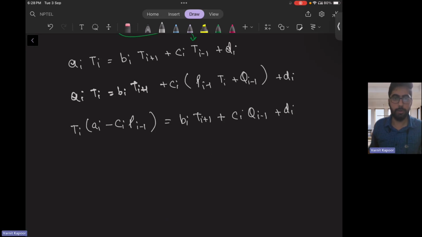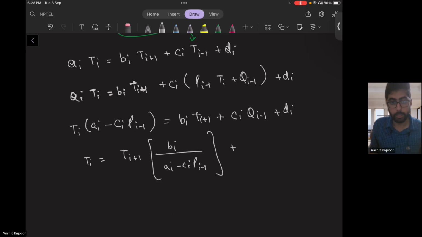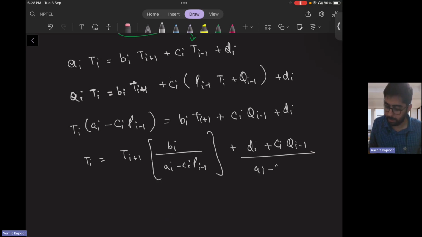Now what we will do, we will take the coefficient of Ti and transpose it over to the right hand side. Ti will be nothing but the Ti plus 1 coefficient, which is B of i over A of i minus C of i P of i minus 1, plus how much? D of i plus C of i Q of i minus 1 over A of i minus C of i P of i minus 1. Now let us say this equation is number 3.